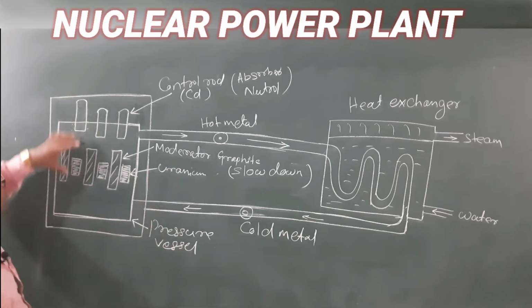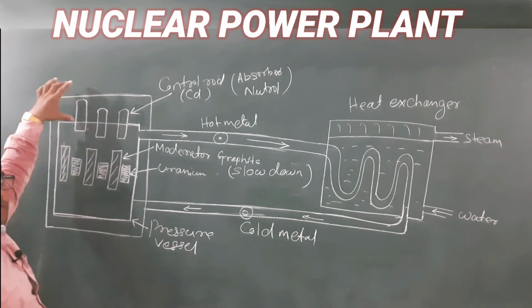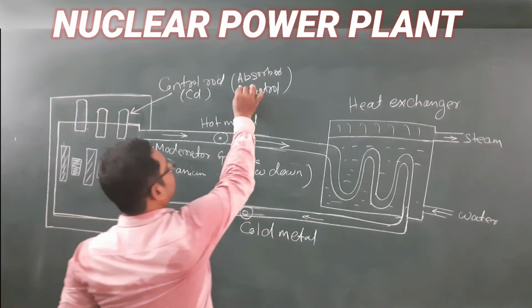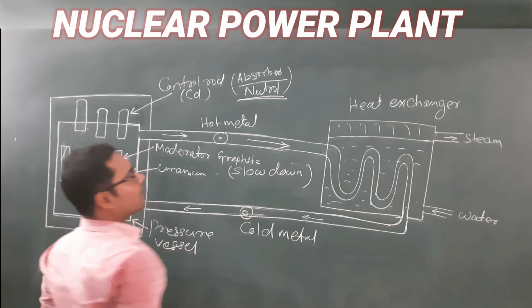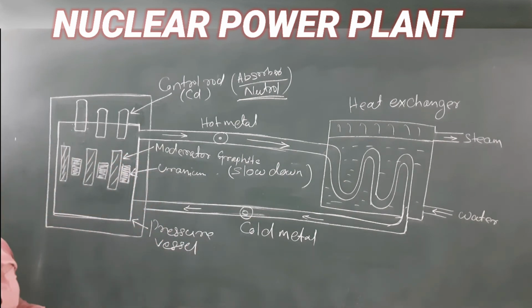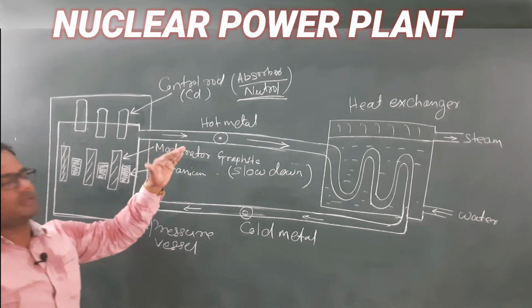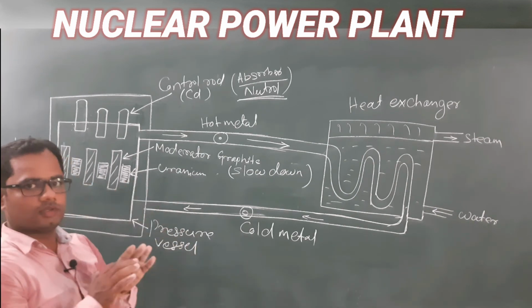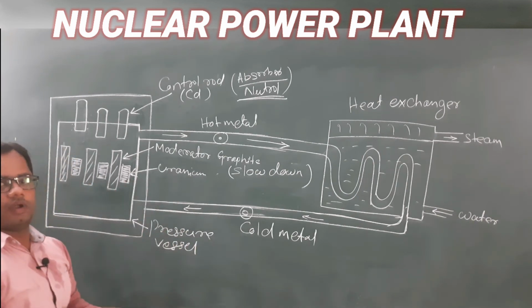Like that, you can push and pull this control rod. Whenever you push and pull this control rod, absorption of the neutrons happens. And whenever it absorbs more neutrons, your chain reaction will slow down, or the chain reaction will be stopped.